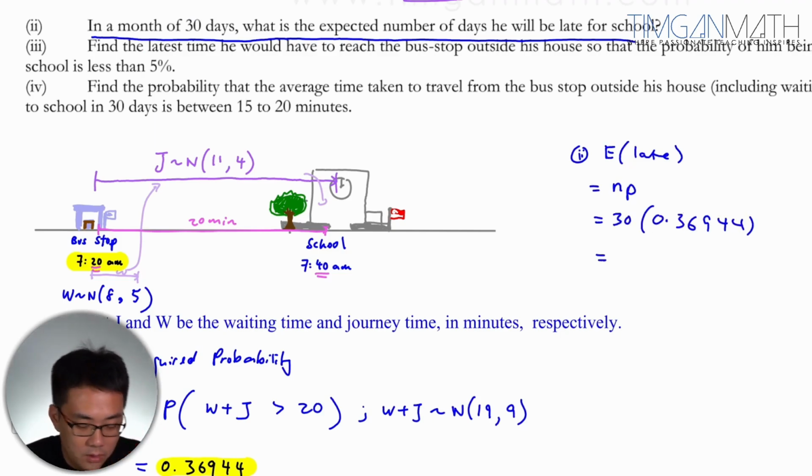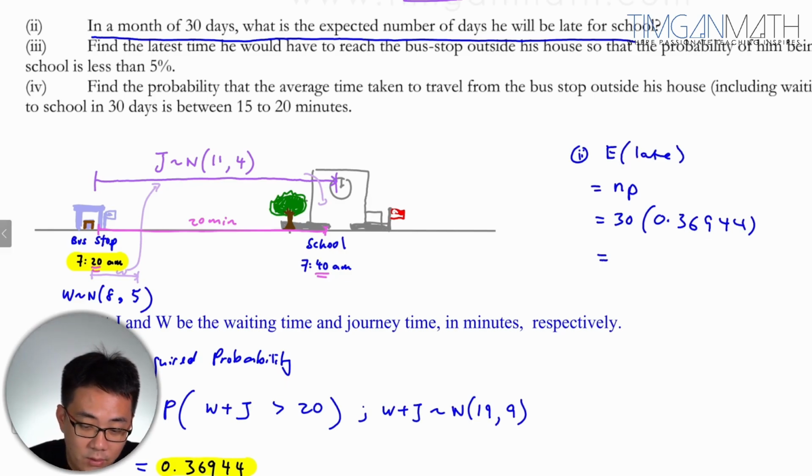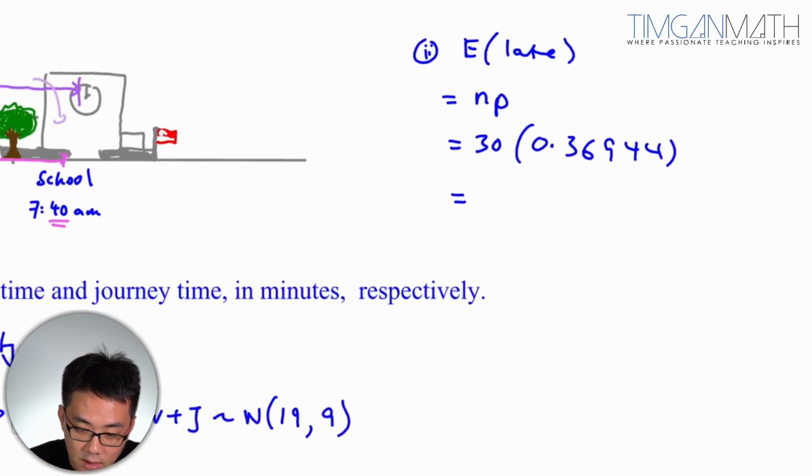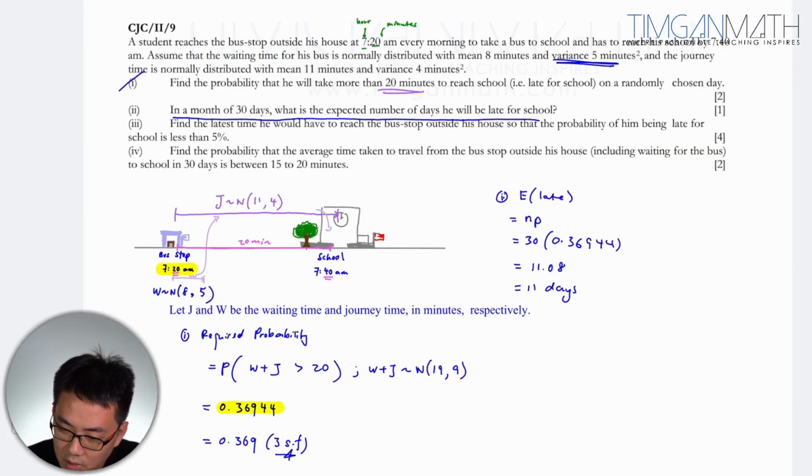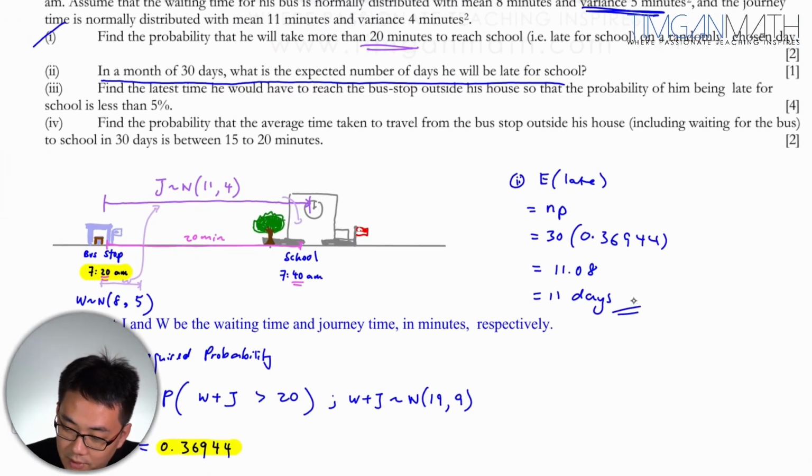Every 1 day you have that probability of being late, so you just multiply it and you get 11.08. So it's just 11 days. If you need it to be an integer, but you can just write 11.1 days is fine also. 11 days.